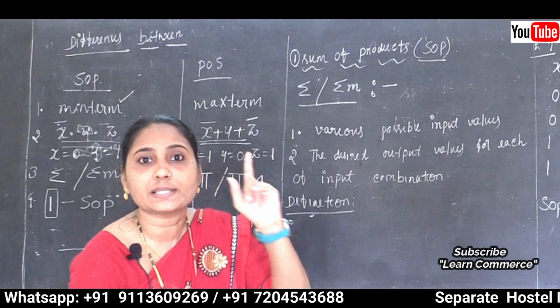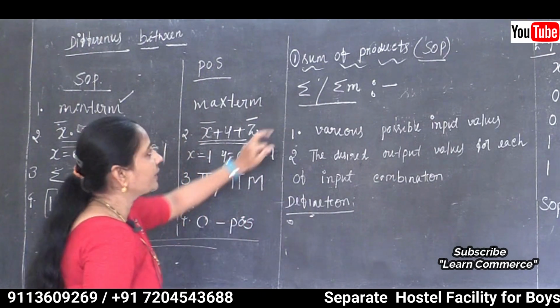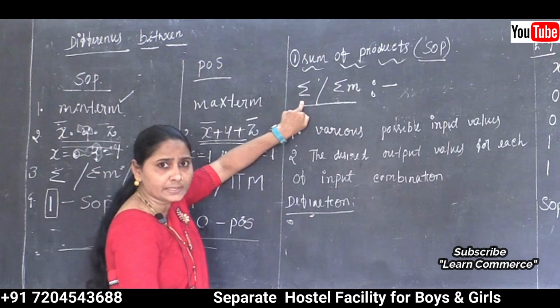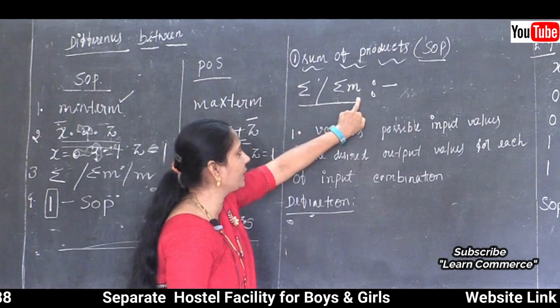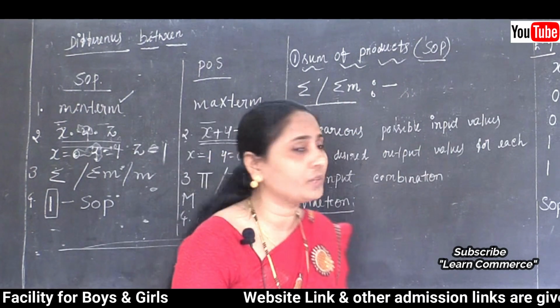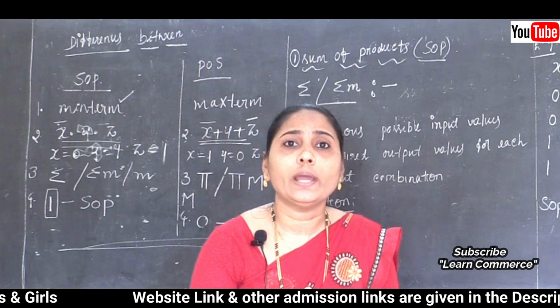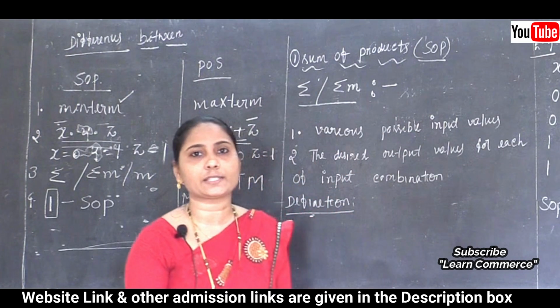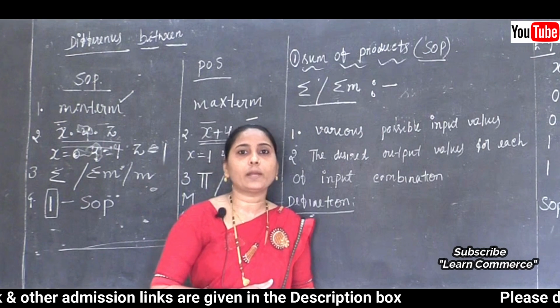The full form is the sum of the products, and the symbol is sigma, or sigma small letter M. Before giving the definition of the sum of the product, consider a logical expression like x plus y plus z.